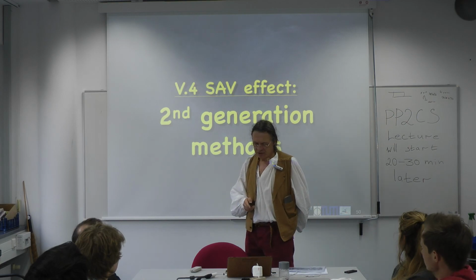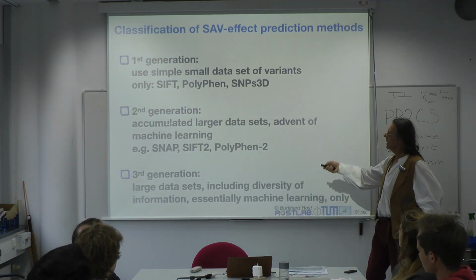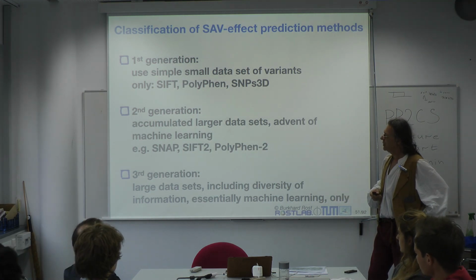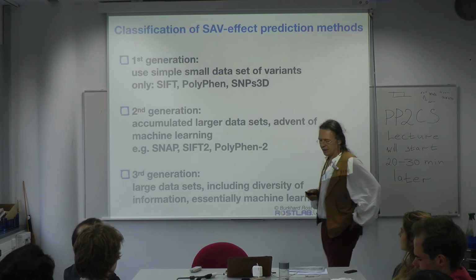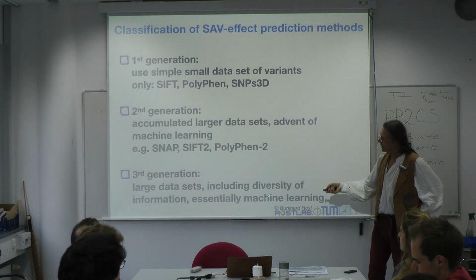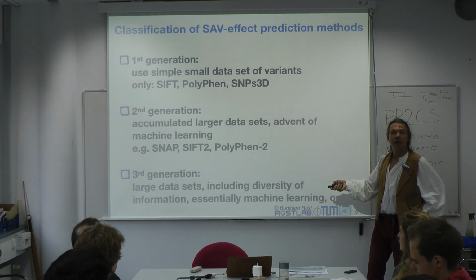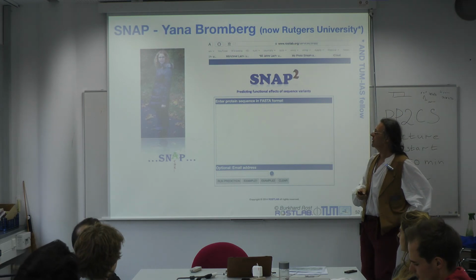And there's the second generation of methods that use these larger data sets and begin to really use machine learning devices. Those are 3 examples for that. I'm only going to talk about SNAP today, and I'm not going to talk about the 3rd generation. Instead, I'm going to discuss an application of SNAP.